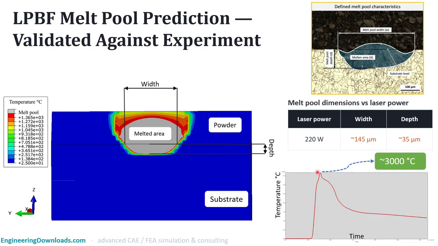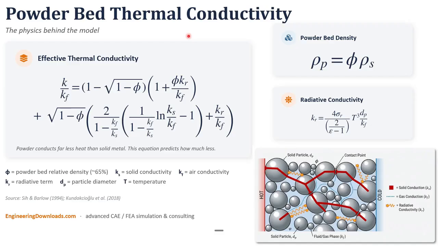The peak nodal temperature reaches about 3000 degrees Celsius, which matches the expected melt pool physics. I know the melt pool temperature is usually under 3K degrees, but in this case it can reach around 3000 degrees.